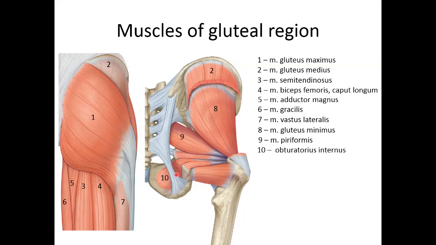Because we are watching here to the os pubis from the region of pelvis minor. So from interior surface. That's why it's musculus obturatorius internus. From exterior surface, we can find musculus obturatorius externus, but now we are watching from interior surface.